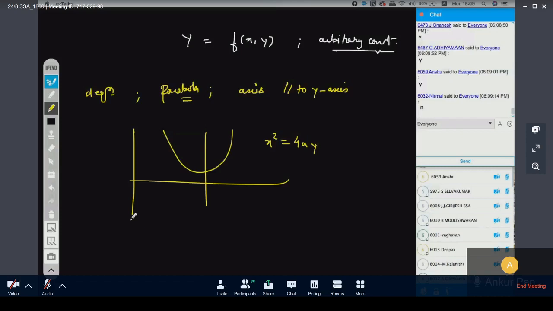That is, all the parabolas whose axes are parallel to the y axis, right?